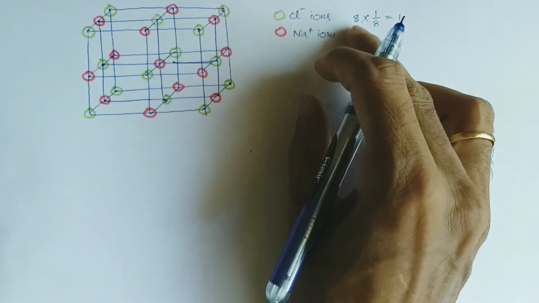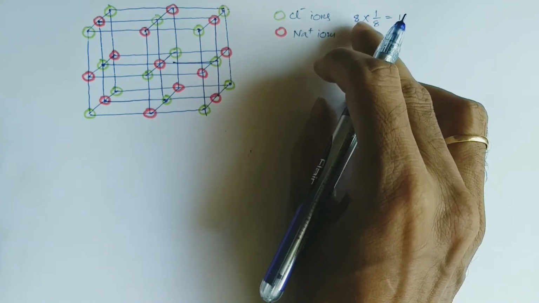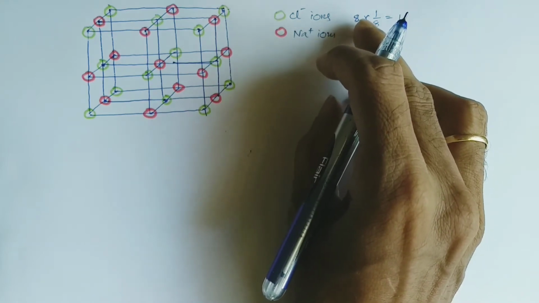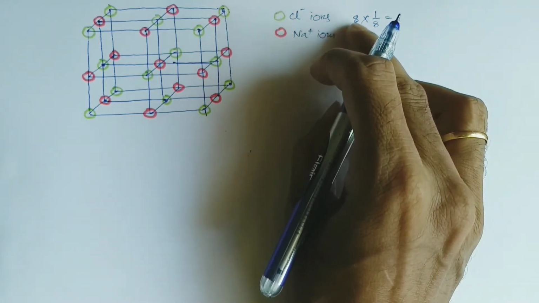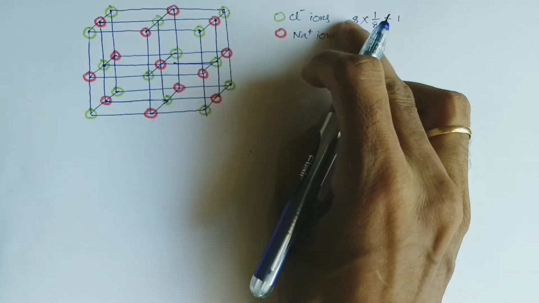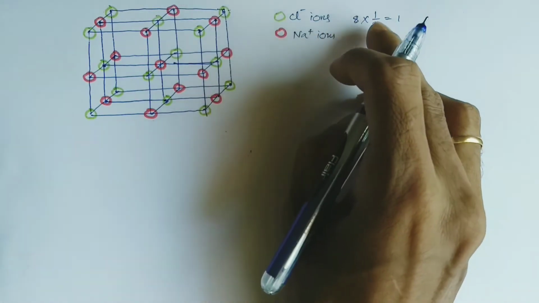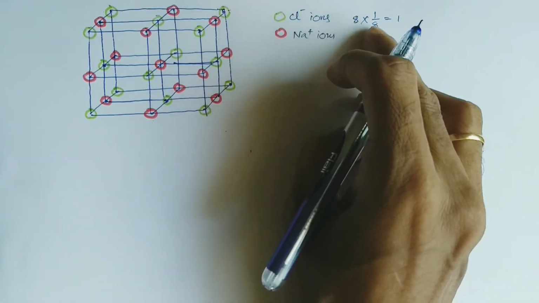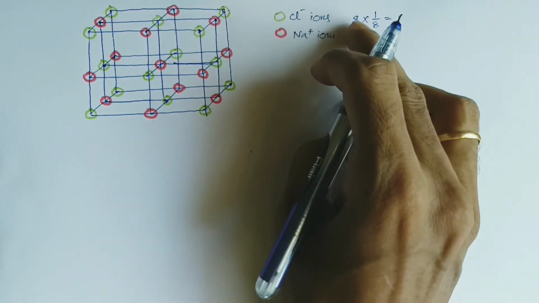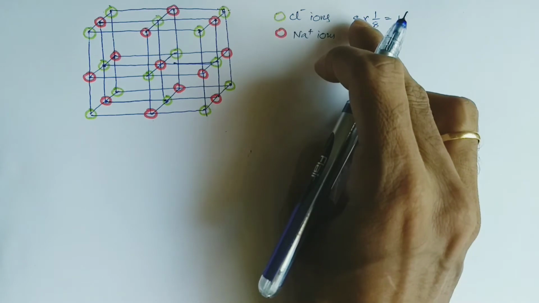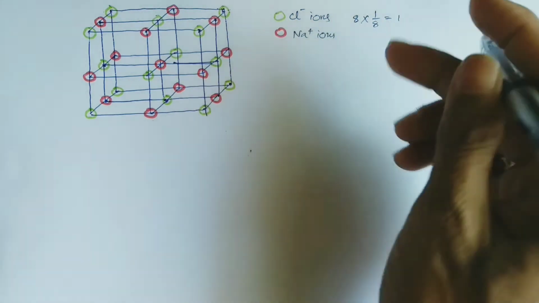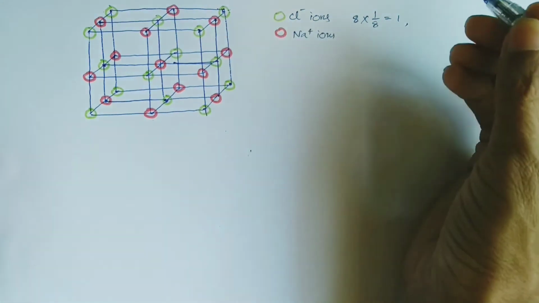Here the contribution can be calculated by using the formula: contribution of the ion to one unit cell into number of lattice points. So as there are 8 corners and the contribution of each ion in the corner is 1 by 8, the total contribution due to all the ions present in 8 corners will be equal to 8 into 1 by 8. So that will be equal to 1.